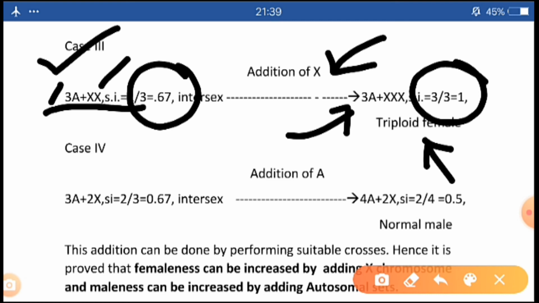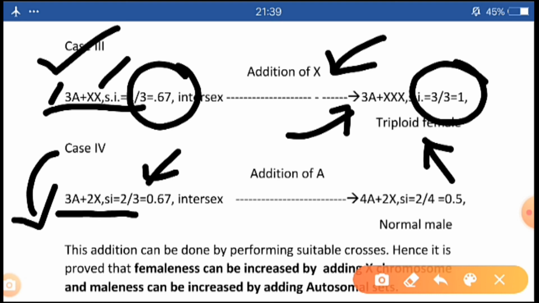Whereas, if we study the case number 4, then here the genotype is 3A plus 2X, that is the index is 2 by 3 equal to same 0.67, that is intersex.